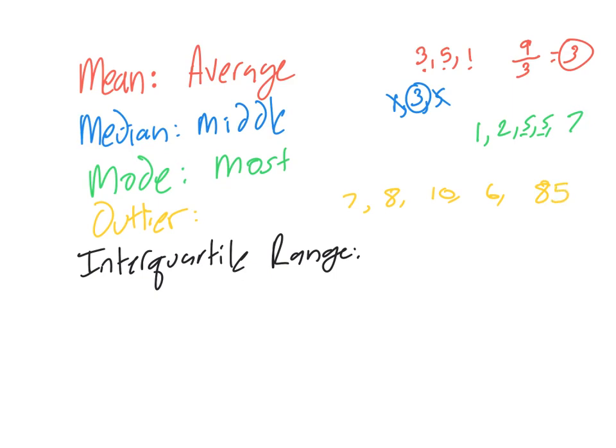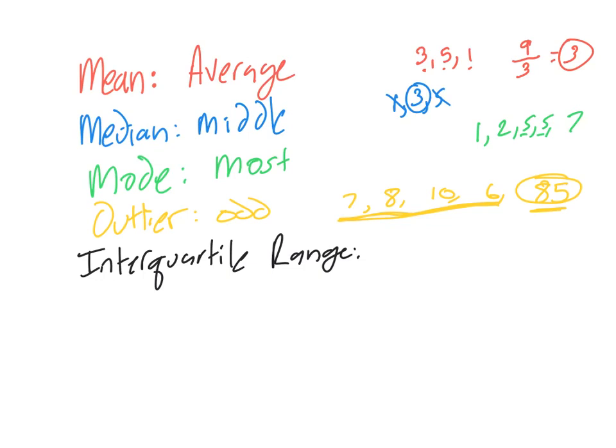My outlier is going to be the 85 because these all are kind of close to each other. This one's just really out there. So I think of an outlier as an odd fitting in number. It's either way too small or way too big for the set of data. So that's a quick outlier.